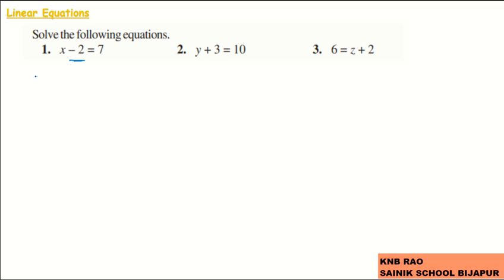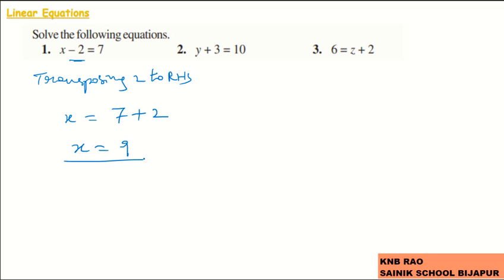The moment I transpose, that subtrahend becomes in the right hand side addend. So x equals to 7 plus 2 simplified gives you the value of x as 9, which we call as solution.